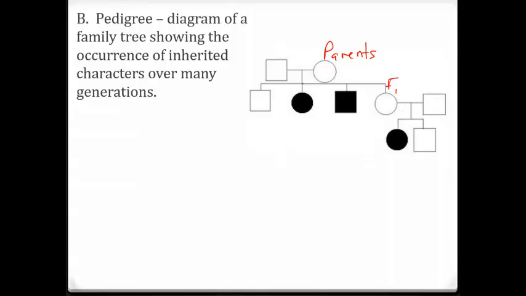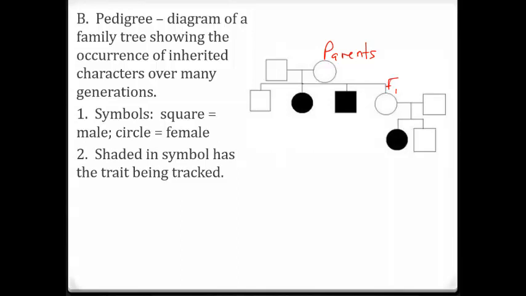That's how you read through that. As far as the symbols go, squares represent males, circles represent females. So these 2 original parents had 2 boys and 2 girls, and they also go in chronological order. So their oldest child would come first, then their second, their third, their 4th child. So we know that the baby of that family was the daughter.